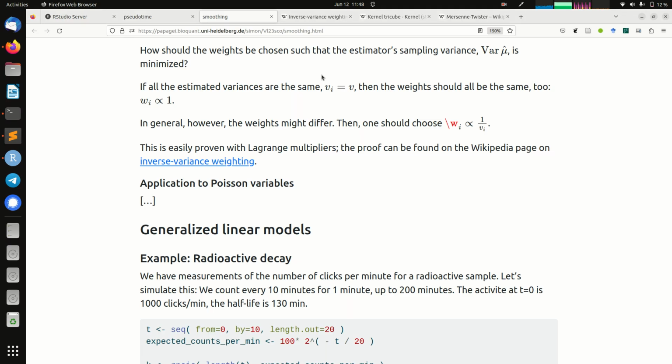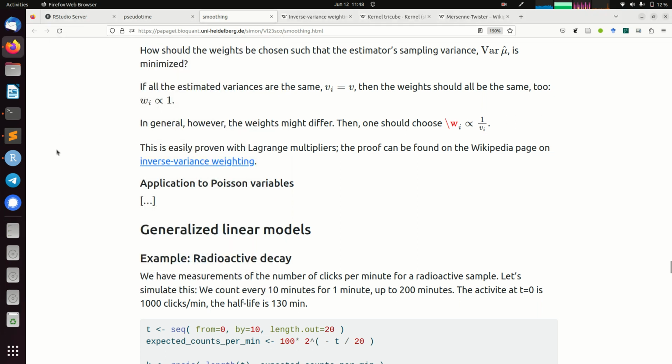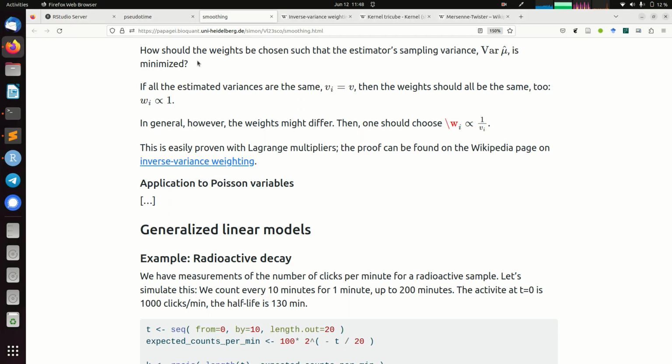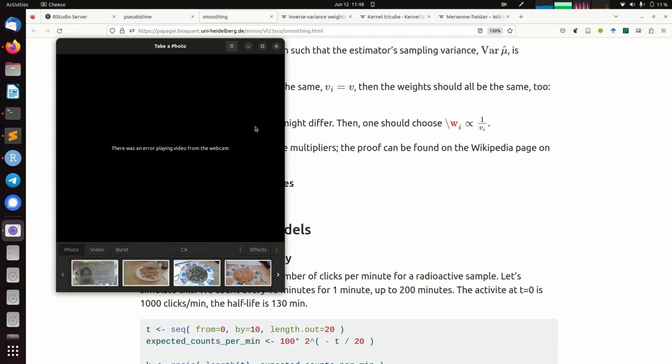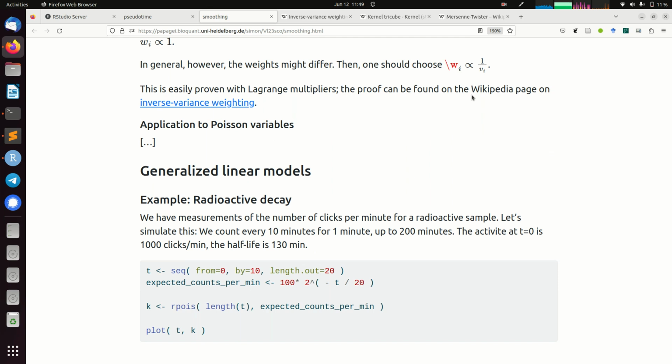So there was an error playing the video. I don't want to play a video from the webcam. I want to just get this to just take a picture of the board. Okay, it doesn't help. I have to take a picture afterwards and link it to it.